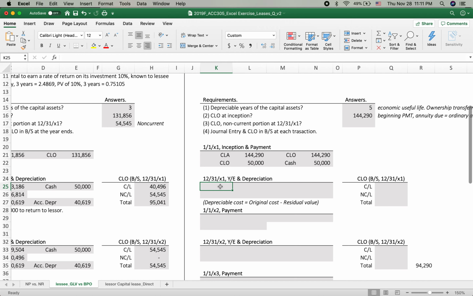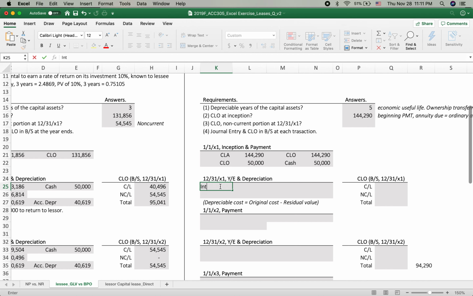Or depreciation is not the actual transaction, but we should recognize the depreciation because we use this asset, right? So we follow the accrual basis or deferrals. All those things are the adjusting journal entries.